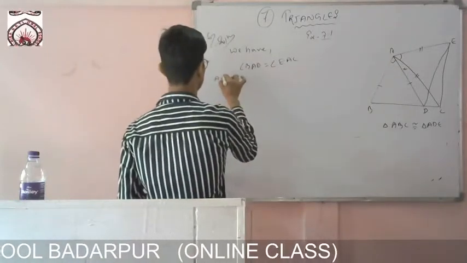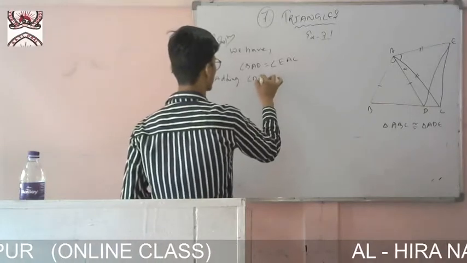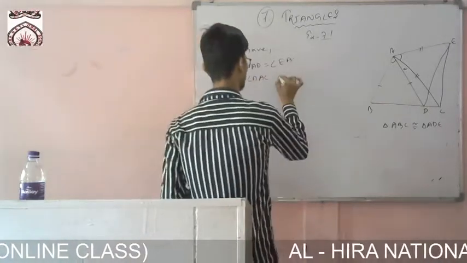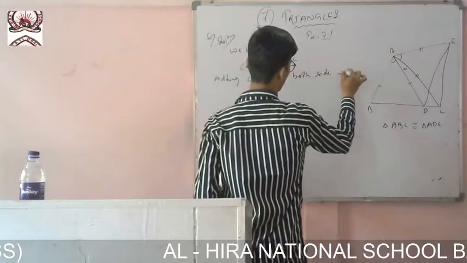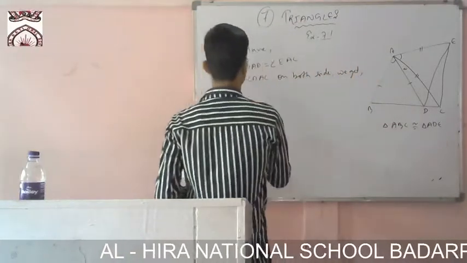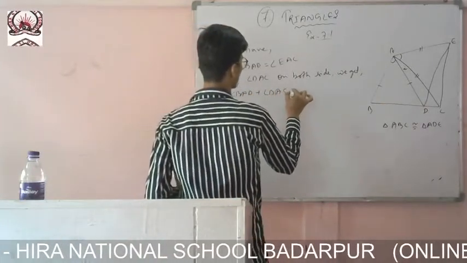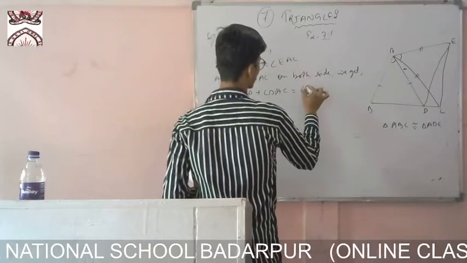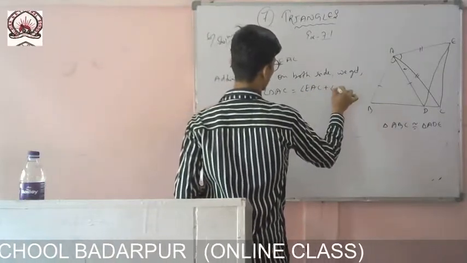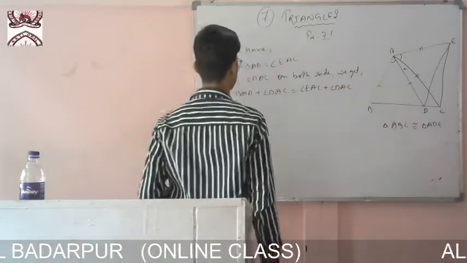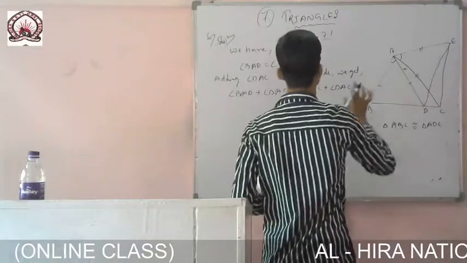Adding angle DAC on both sides, we get angle BAD plus angle DAC equals angle EAC plus angle DAC.